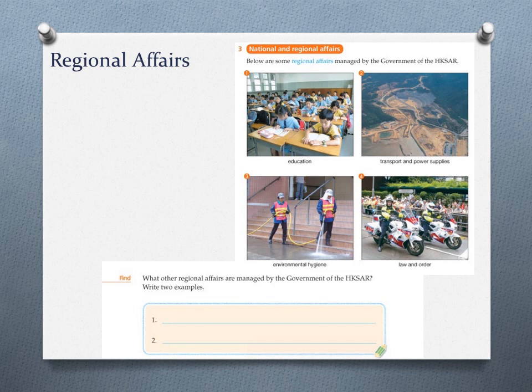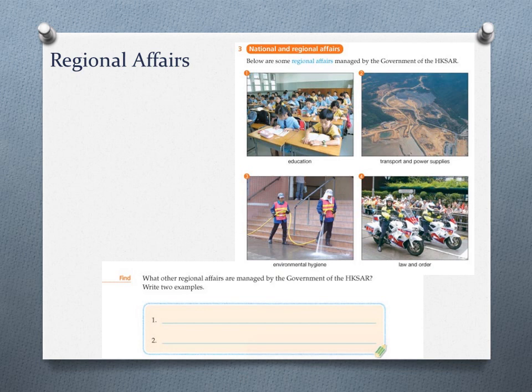Because before Hong Kong was handed over to China, all this was taken care of by Hong Kong people, by the Hong Kong government. So even after the handover, the Chinese government still maintained the same. They said the normal life of Hong Kong people and the government will not be affected. You can still continue to do what you used to do before. So before the handover, education was monitored by the Hong Kong government, and now it's still monitored by the Hong Kong government.